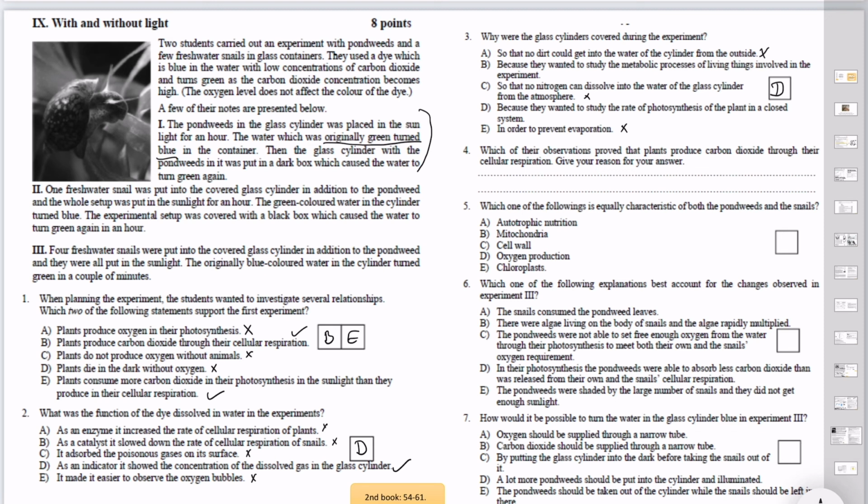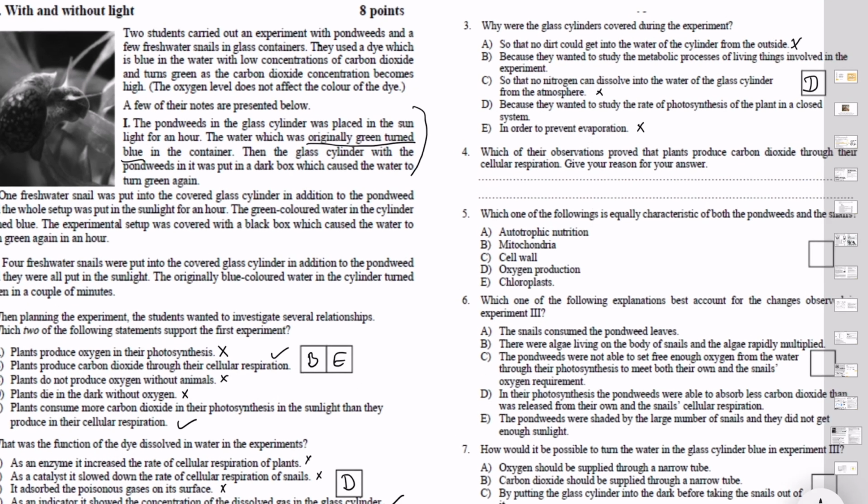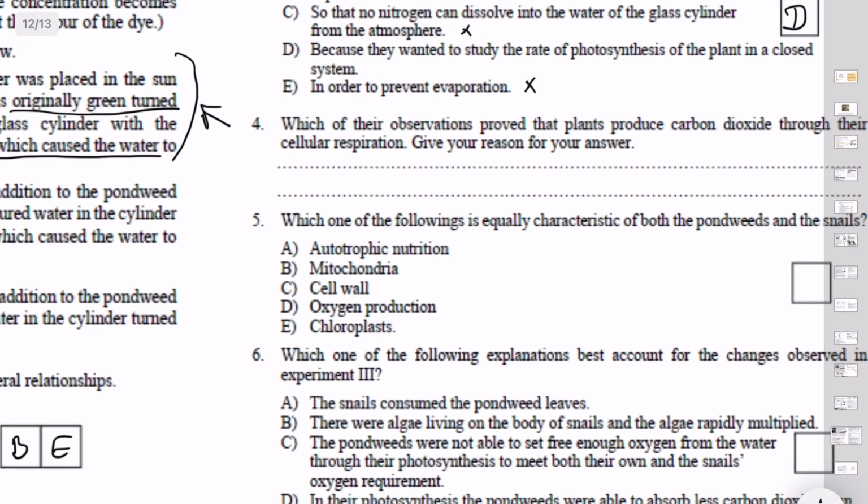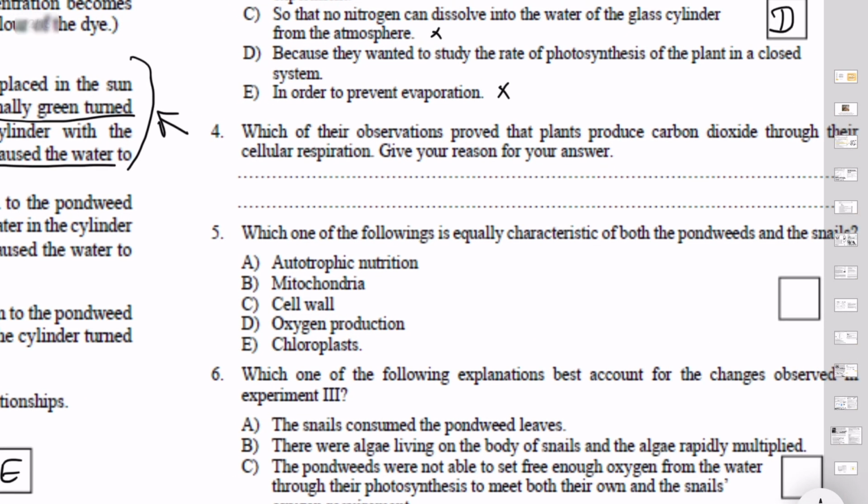Which of their observations proved that plants produce carbon dioxide through their cellular respiration? Give your reason for your answer. So again, we have to go back to this first experimental setup when it is explained that water turned back to green from blue when the glass cylinder was placed in a dark box in the last part. Okay, so this is what we need to write to the dotted lines.